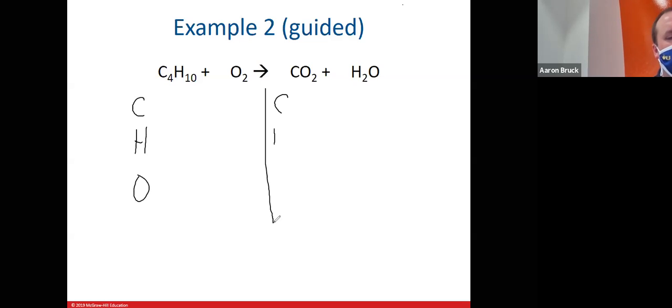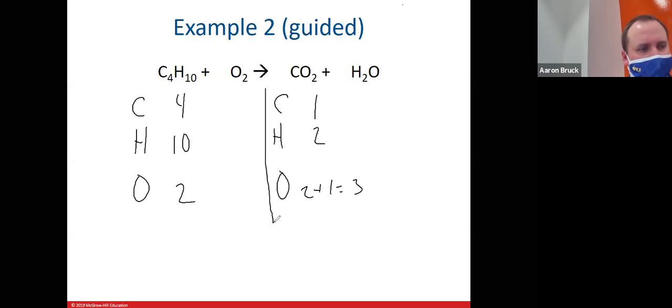where, if we were following our other guidelines, we would have looked at this and said, okay, balance the carbon first. I need 4 carbon dioxides. That gives me 4 of those. Balance the hydrogens next because there's only one place where hydrogens are. I need 5 of those.